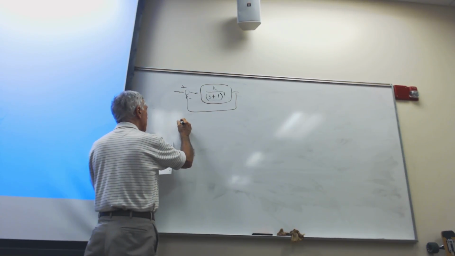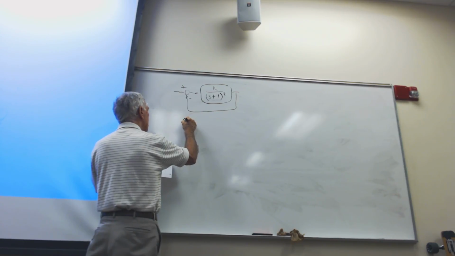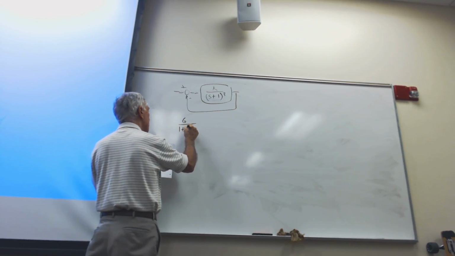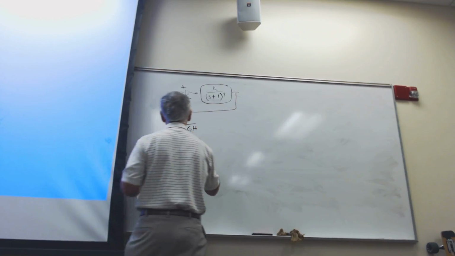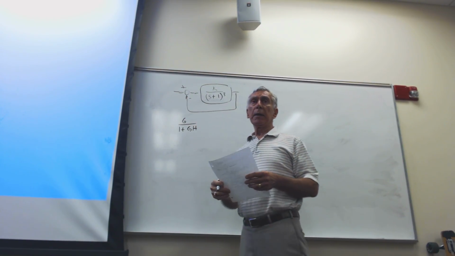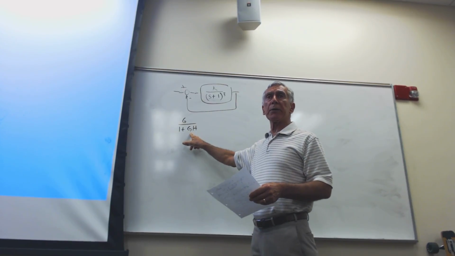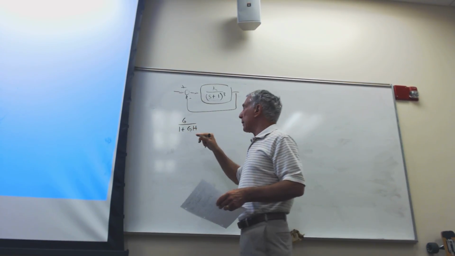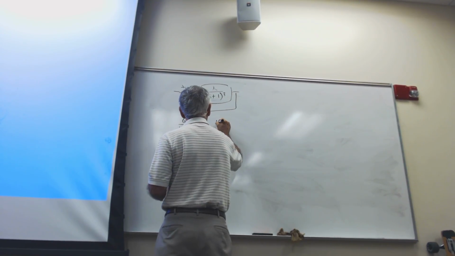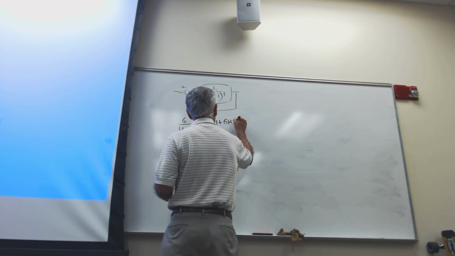And so the characteristic equation, the transfer function is G over 1 plus GH. That's a closed loop transfer function. And the characteristic equation is obtained by setting the denominator here to 0. Okay, so 1 plus GH equals 0.